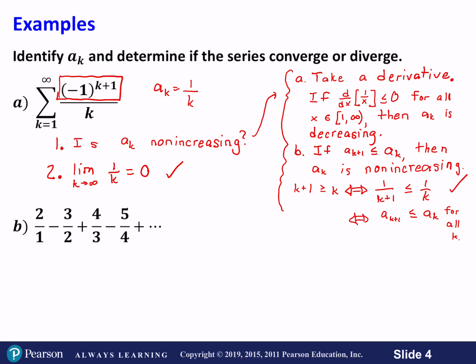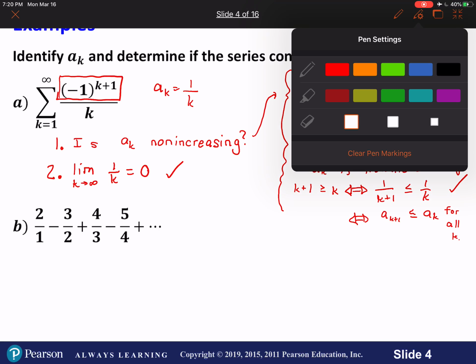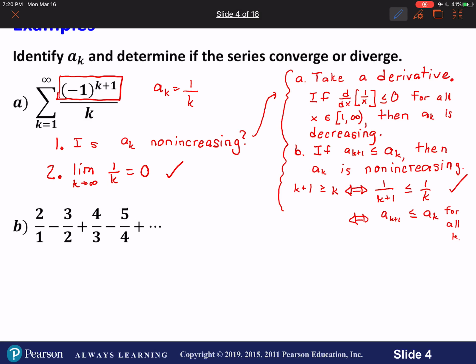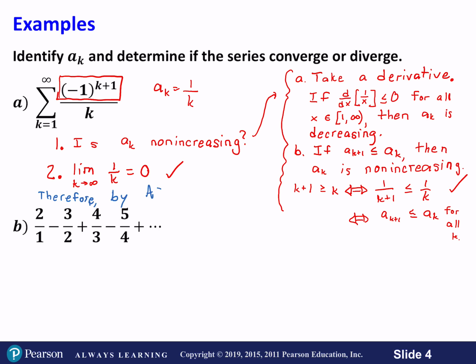And so therefore, we would write our conclusion, use a different color. So therefore, by the alternating series test, the sum from k equals 1 to infinity of (-1)^(k+1)/k converges.